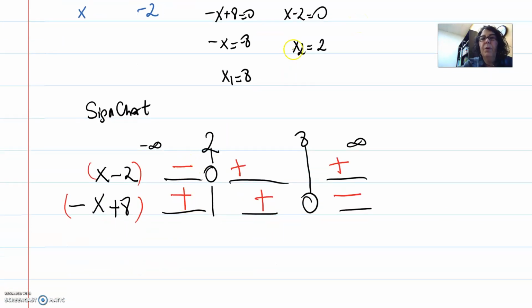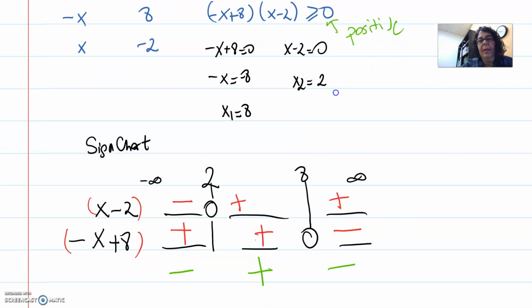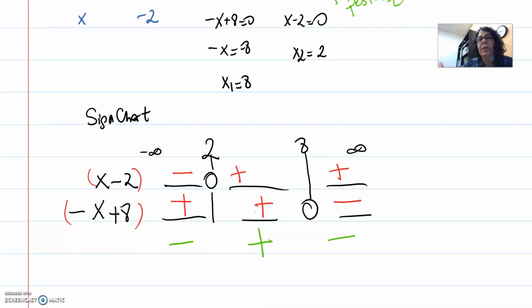Negative times positive is negative. Positive times positive is positive. Negative times positive is negative. So what do we want? We wanted a positive one, greater than or equal to 0. And then the solution lies here in this corridor.